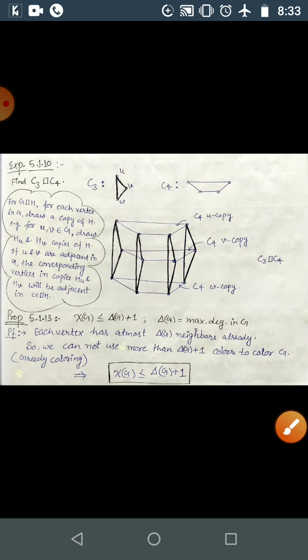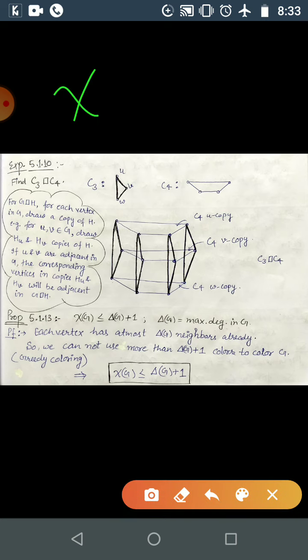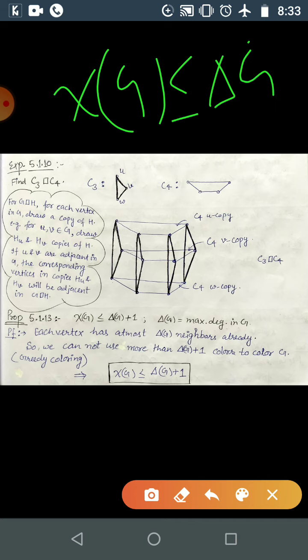Here you can always say that the chromatic number of G will always be less than or equal to the maximum degree of G plus 1. So this will be the upper bound of the chromatic number. Okay. So why is this happening?